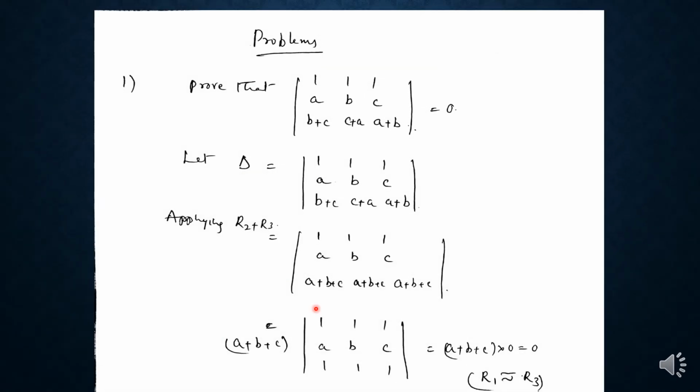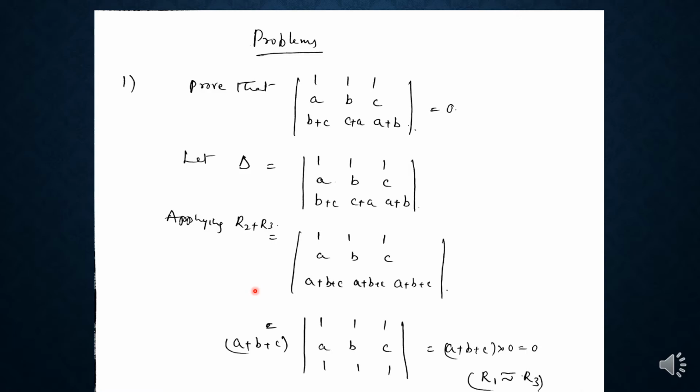So what are the properties? The first property is, if in the determinant rows and columns are interchanged, then there is no change in its value. That is the first property.